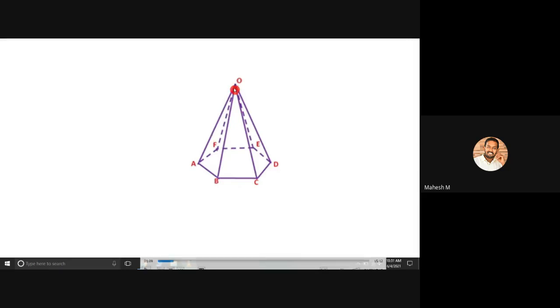And this surface, so please look at the surface. I'm going to consider O, B, and C. So this OBC is a triangular face. So in pyramids, normally we will be having triangular faces.